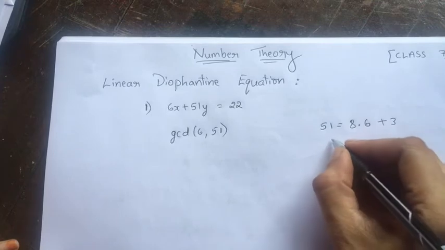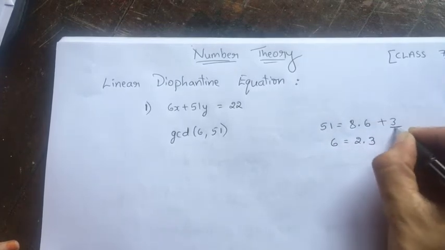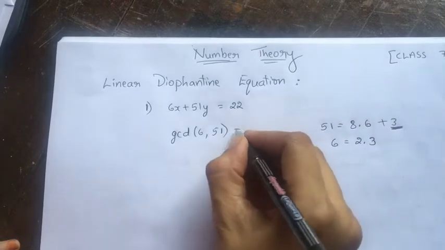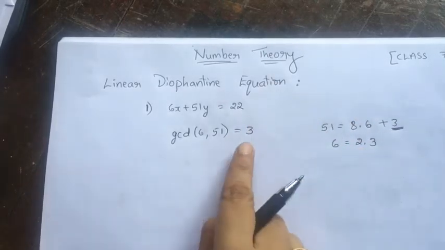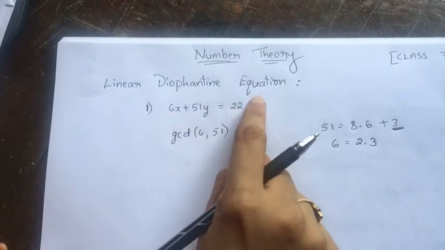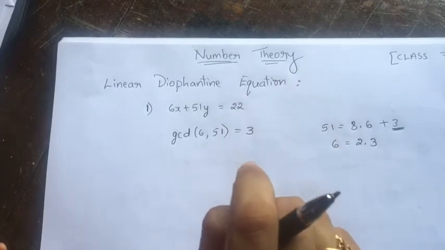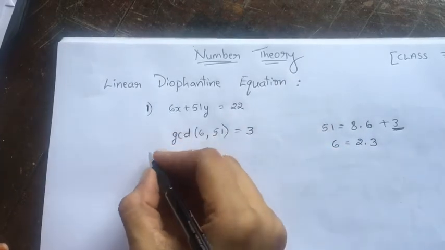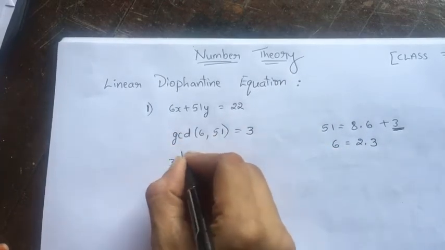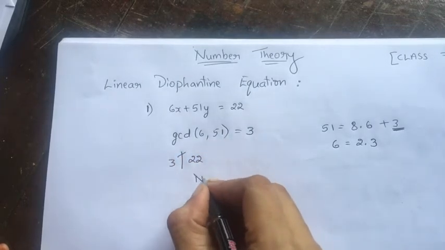Then 6 can be written as 2 into 3. The last non-zero remainder is 3, that is the GCD. If this GCD divides c, then this linear Diophantine equation is solvable, meaning a solution exists. Now, 3 does not divide 22, right? Therefore, no solution.